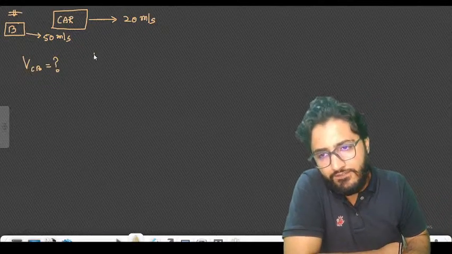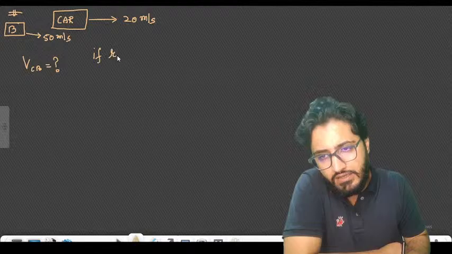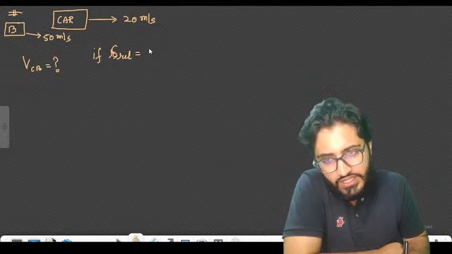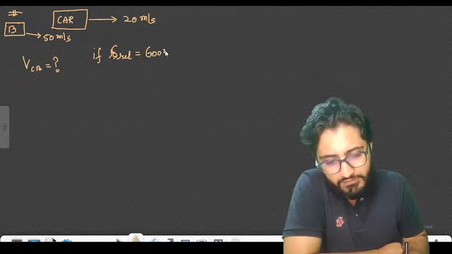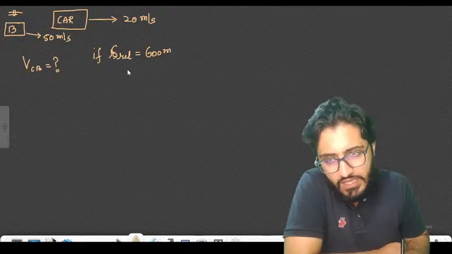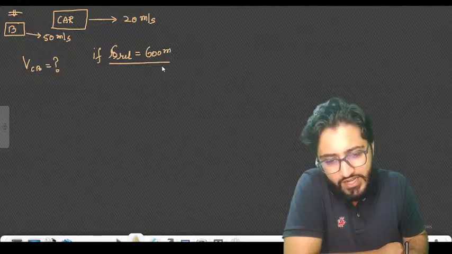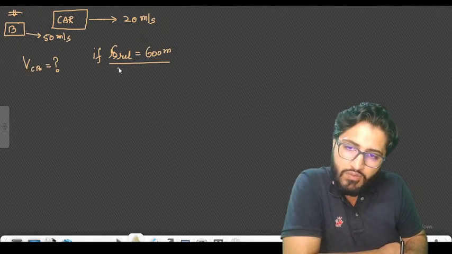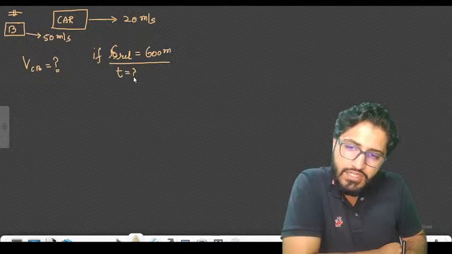And if the separation between the car and the bike initially is 600 meters, find out the time after which the separation will become 0.